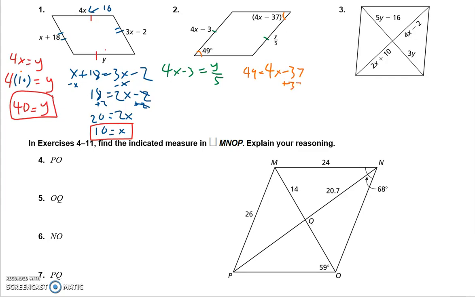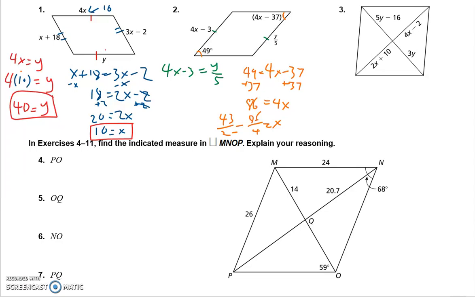I'm going to add 37 here. 49 plus 37 is 86. 86 equals 4x. 86 divided by 4 equals x, which reduces to 43 over 2.